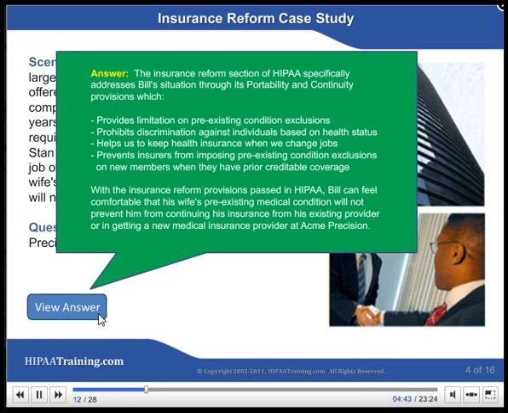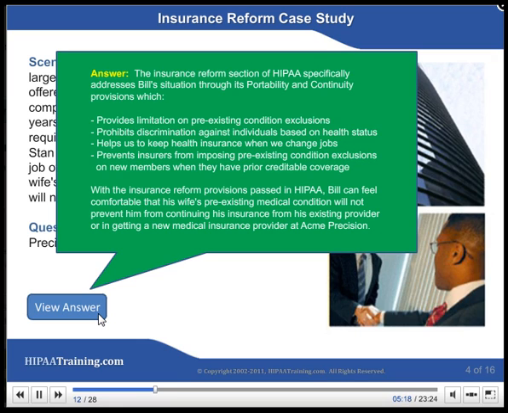Answer: The insurance reform section of HIPAA specifically addresses Bill's situation through its portability and continuity provisions, which provides limitations on pre-existing condition exclusions, prohibits discrimination against individuals based on health status, helps us to keep health insurance when we change jobs, prevents insurers from imposing pre-existing condition exclusions on new members when they have prior creditable coverage.